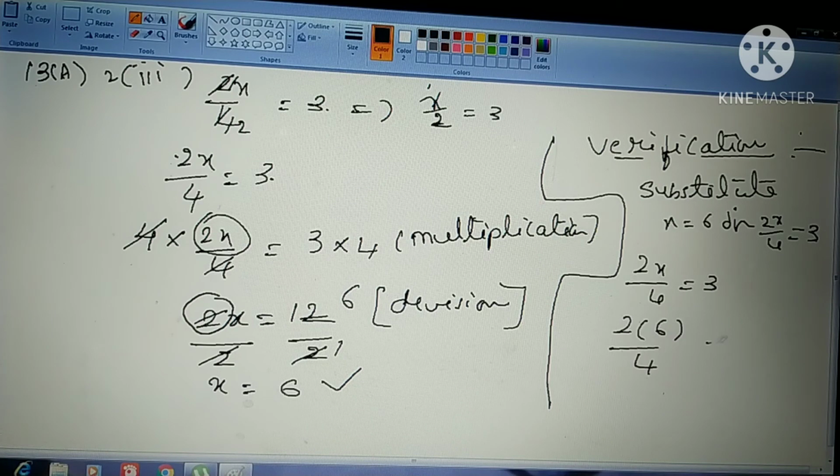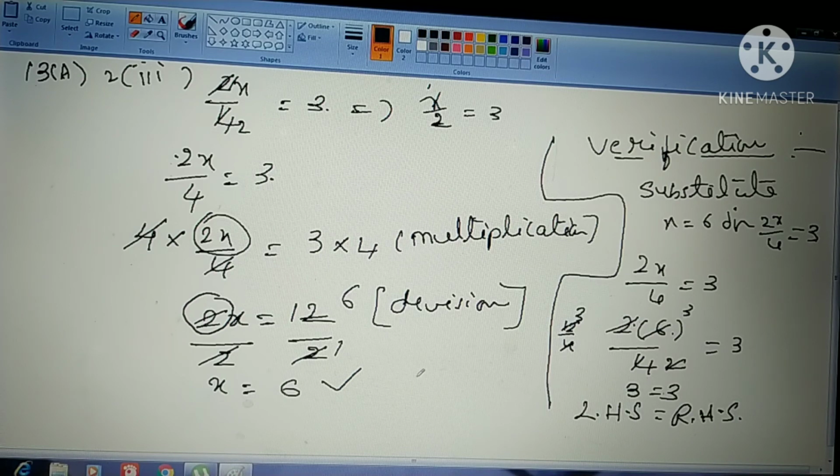What do you get here? Or 2 into 6, you get 12 by 4. Again, 4 threes are 12, you will get 3 only. 3 equal to 3. So LHS equal to RHS. Whatever you found here, that x value, that is right.